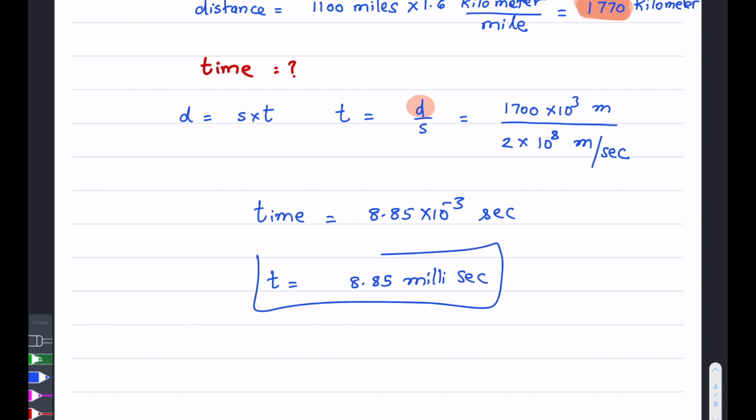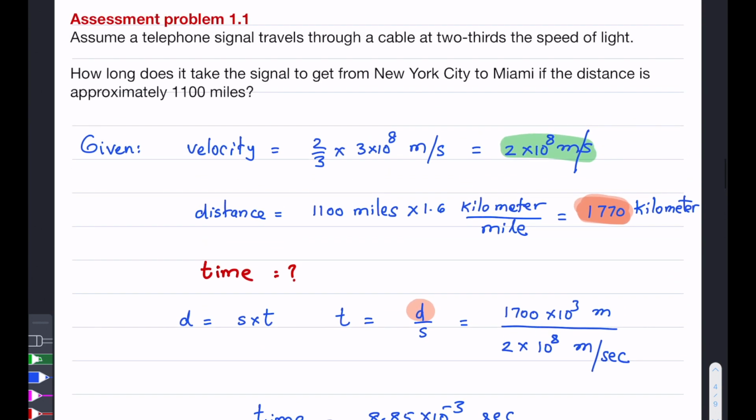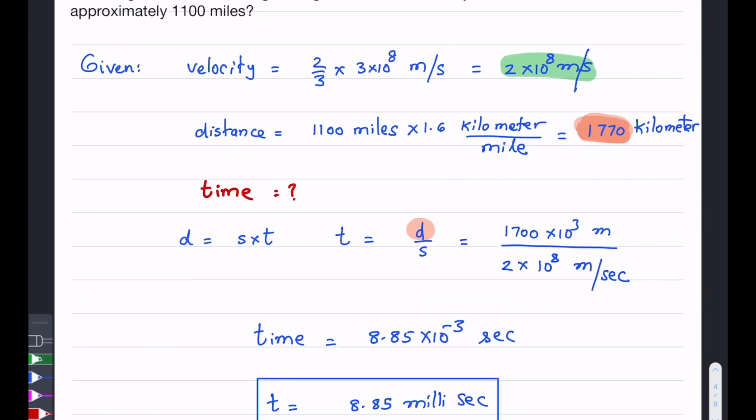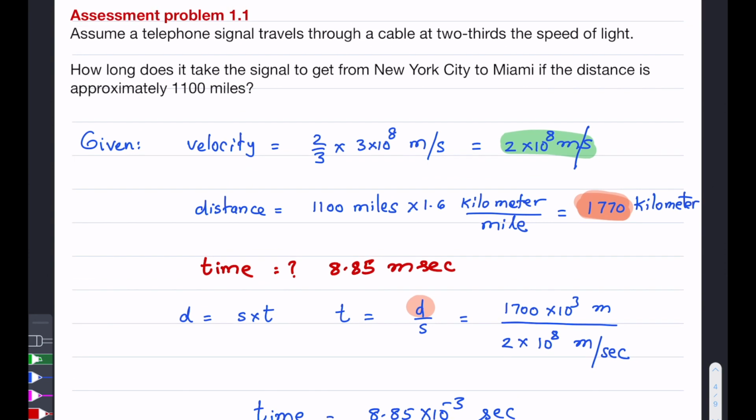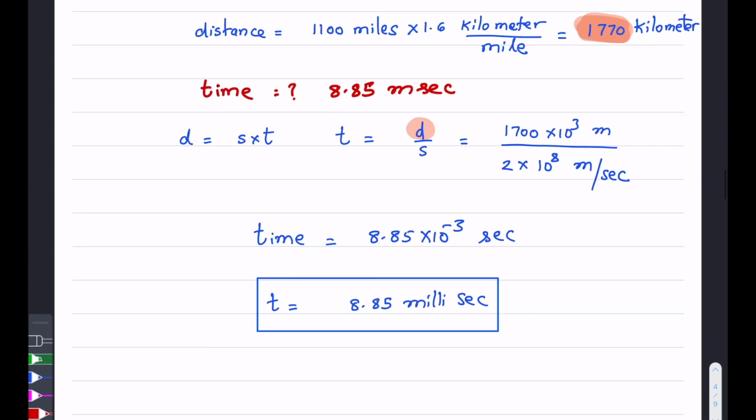That's what we are after. We are asked to find the time it takes, and the time we found out to be 8.85 milliseconds. Now that's assessment problem 1.1. Let's do another problem. This is fun.